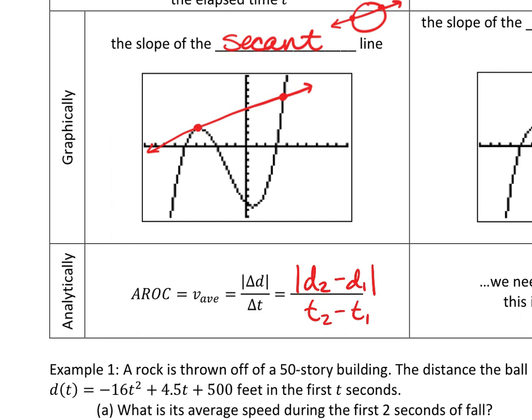Now again, that should look familiar to you. What does that formula kind of look like from Algebra 1? Yeah, it sort of looks like the old slope formula where we did y2 minus y1 over x2 minus x1. And it 1000% is the same formula.